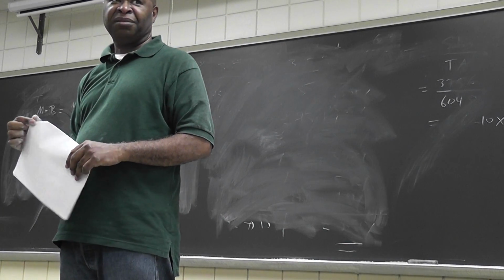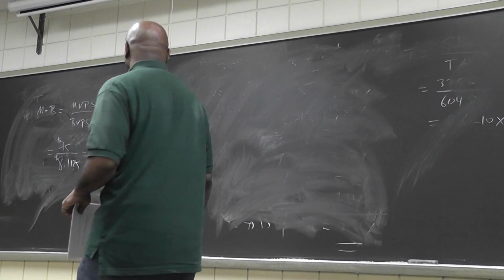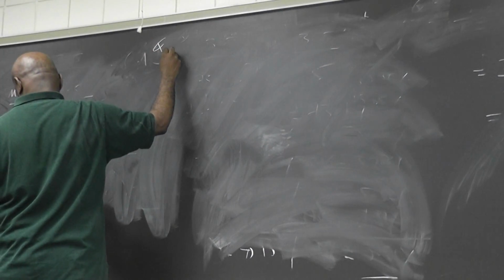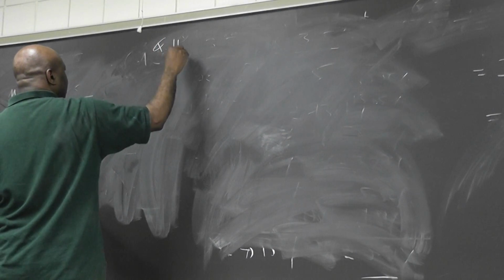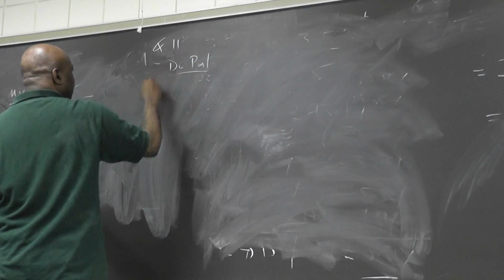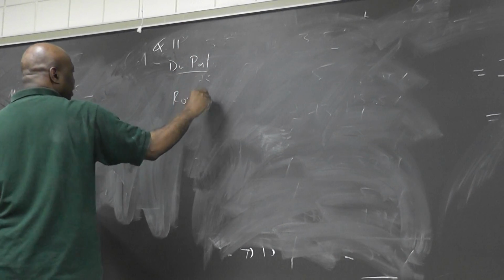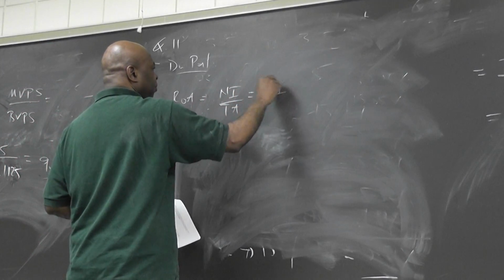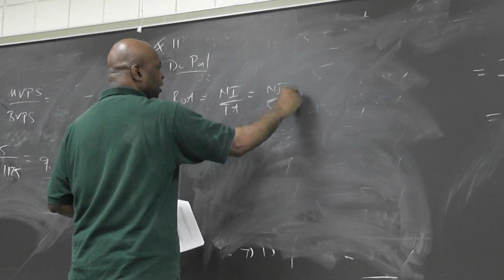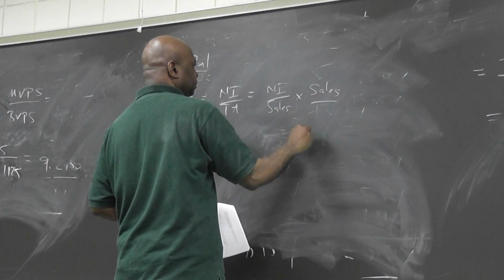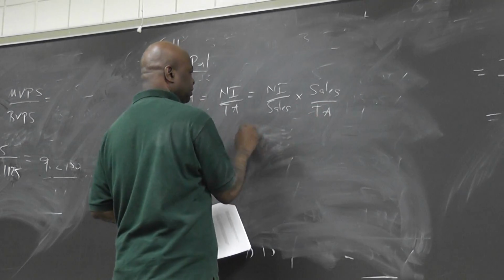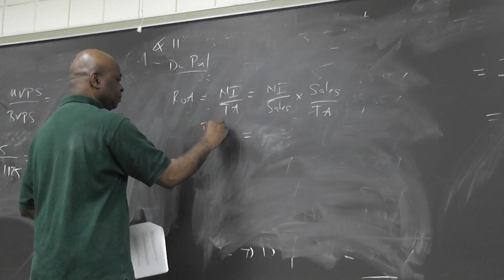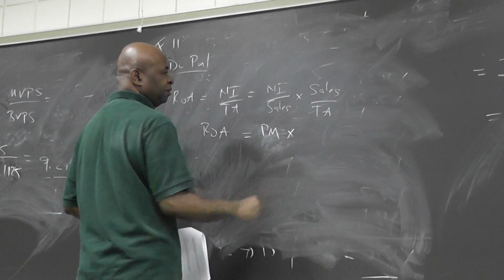DuPont says that ROA, which is net income over total assets, could also be written as net income over sales times sales over total assets. So basically, we have profit margin times TAT.